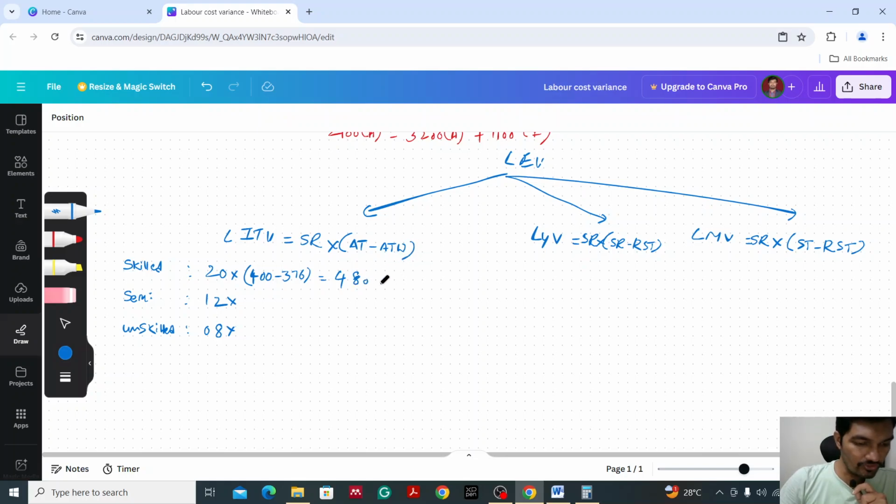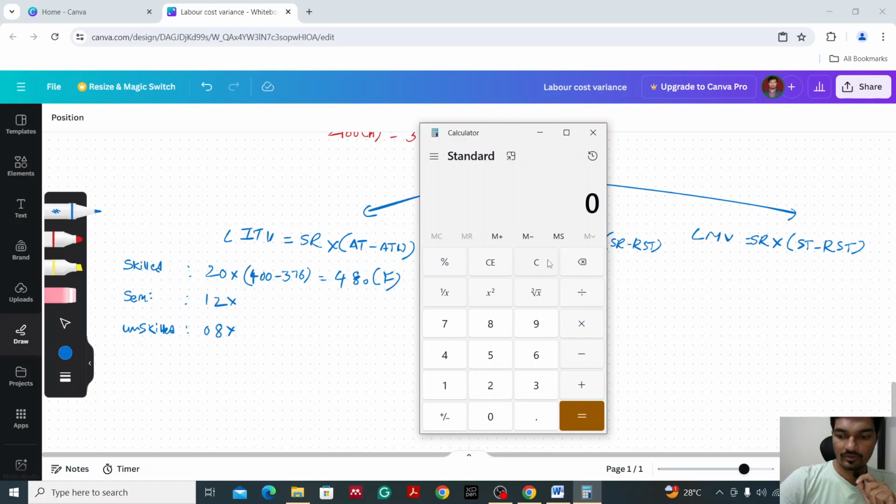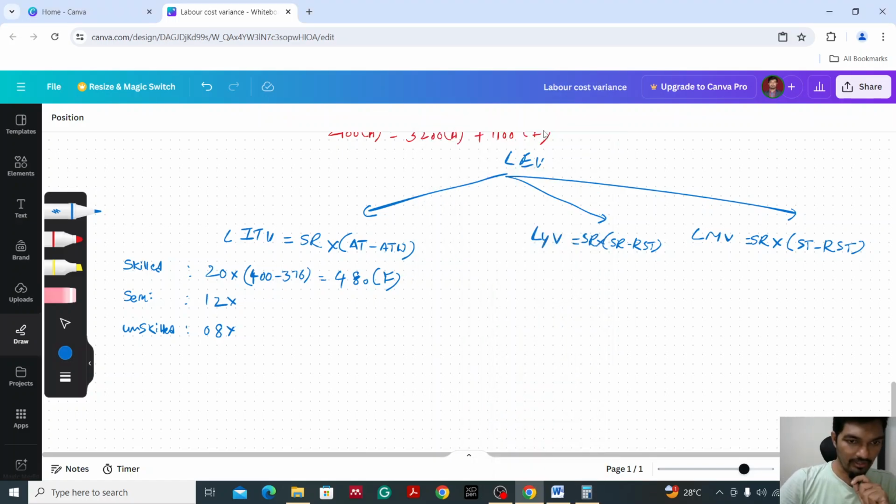We got a positive value, favorable. Let us check in the calculator. 400 minus 376 multiplied by 20, and we are getting 480, a positive value.